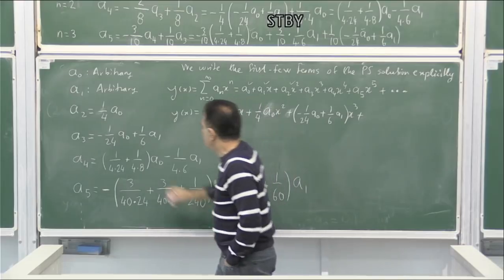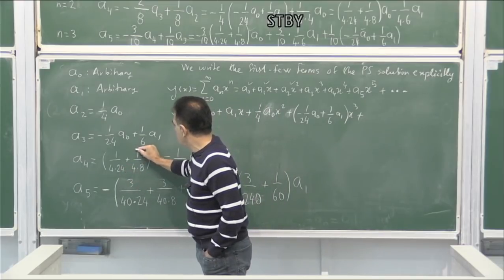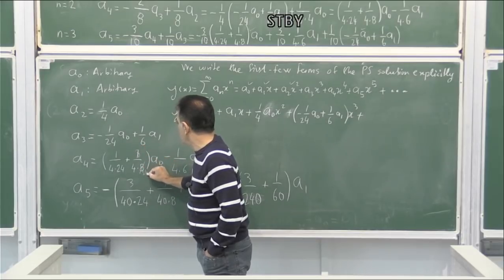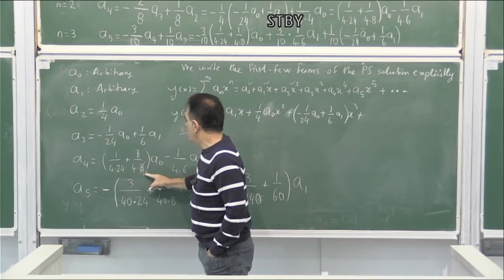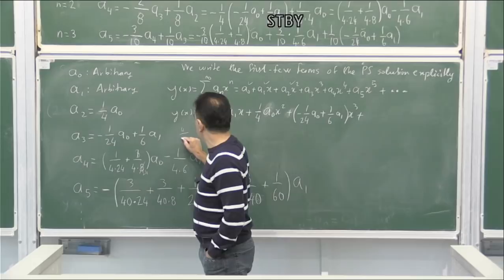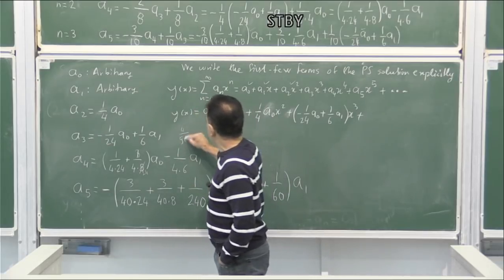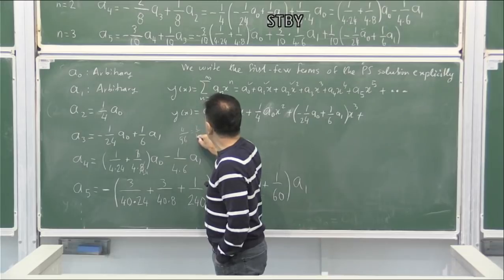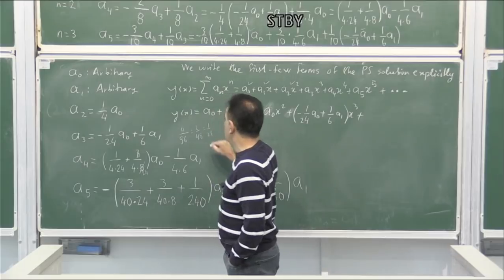And a4 is the number here. Which number? Multiply this by 3, 24. So is it 4 over 4 times 20? Is it 96? And simplifying, 2 over 48, 1 over 24.